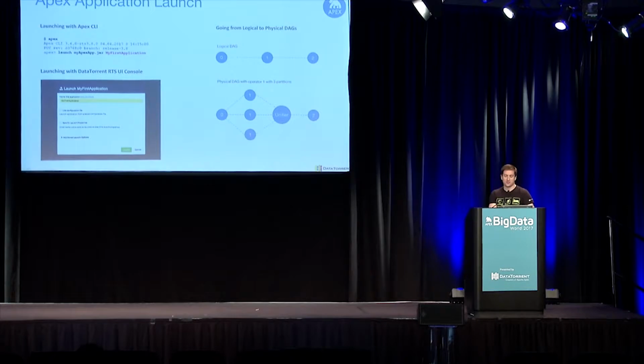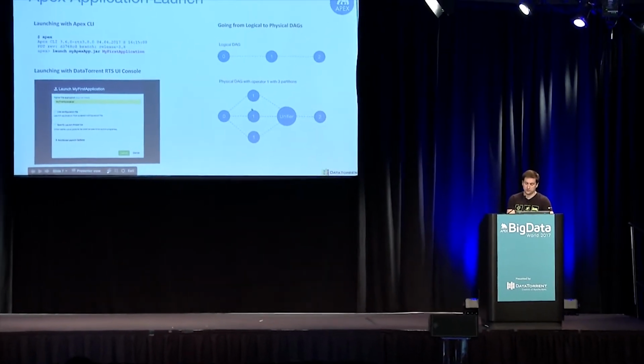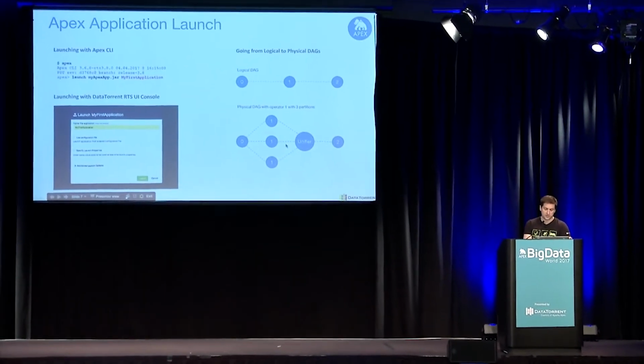And as you're probably aware, if you've tried to launch Apex applications before, there's a couple of different ways of doing it. You can do it with the CLI that you can see above, or you can do it from the RTS UI console. The application gets translated as it gets launched from a logical DAG, represented by logical operators, to a physical DAG, which represents multiple partitions.